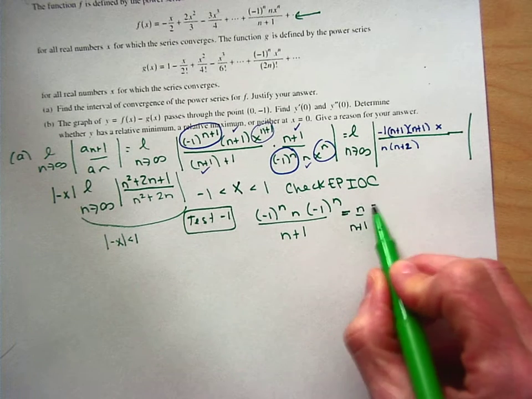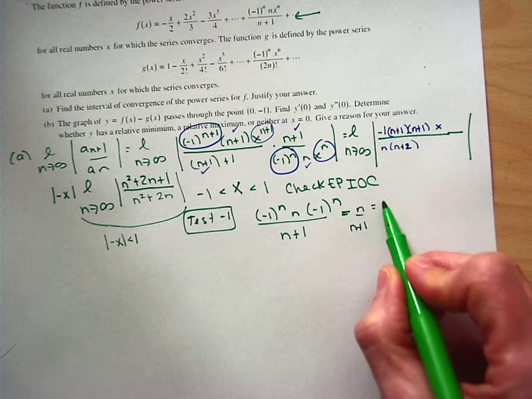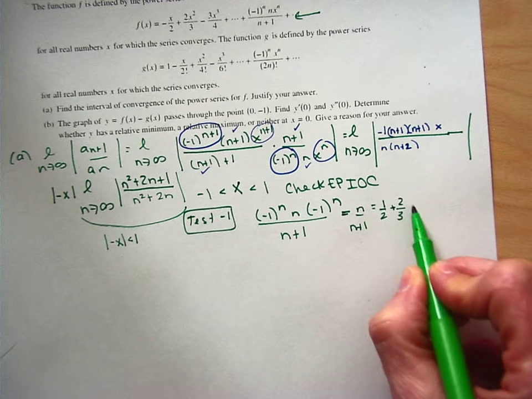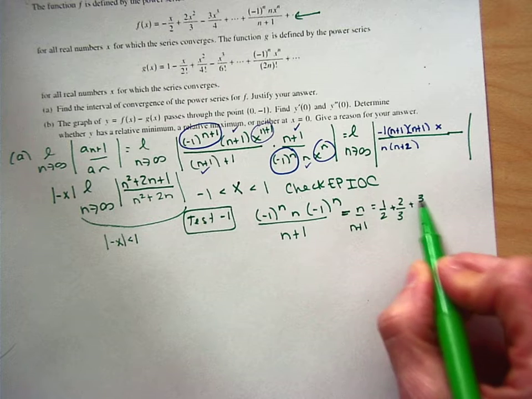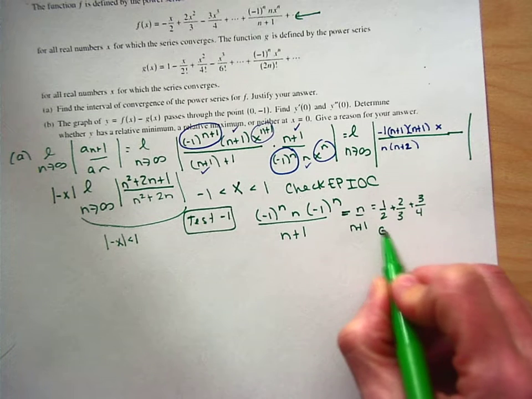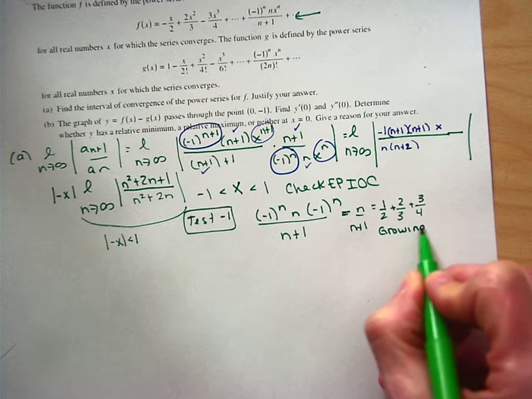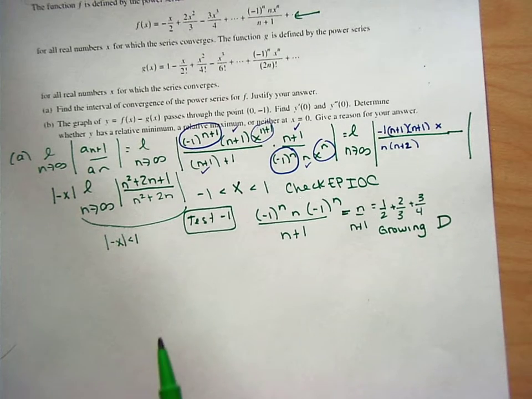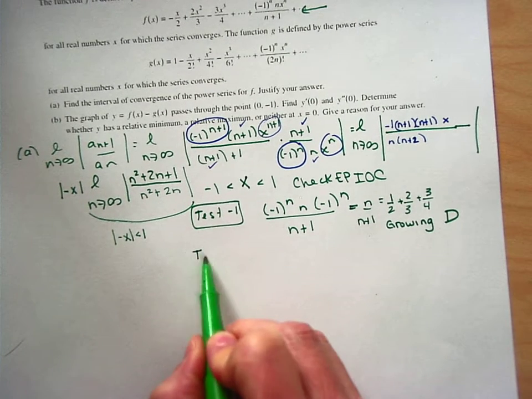So if we start writing out a few of these terms, this is 1/2 plus 2/3 plus 3/4, and we can see that these are growing without bound, so this actually diverges. So negative 1 is not included as an endpoint.